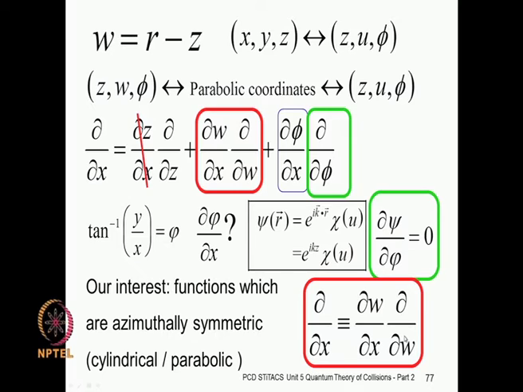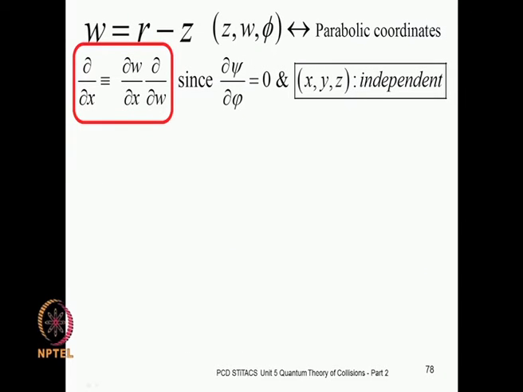So this is the only term that we really need to worry about, even when you take the first order partial derivatives, okay, and it will be the same when you take the second order partial derivatives when you construct the Laplacian. So now you have got the operator del over del x. x, y and z are independent, and likewise z, w and phi are also independent of each other.